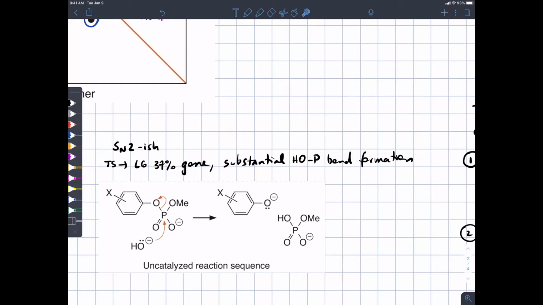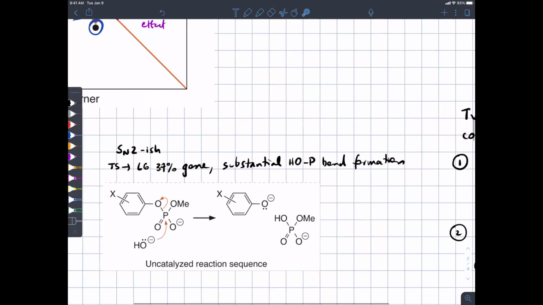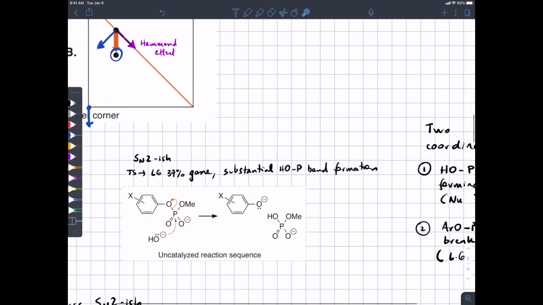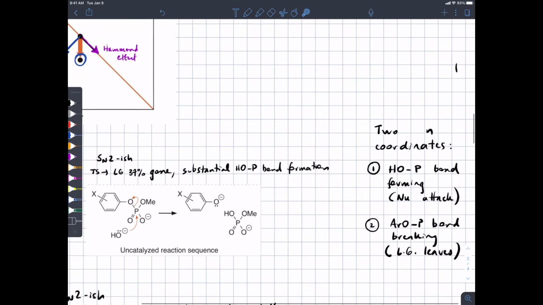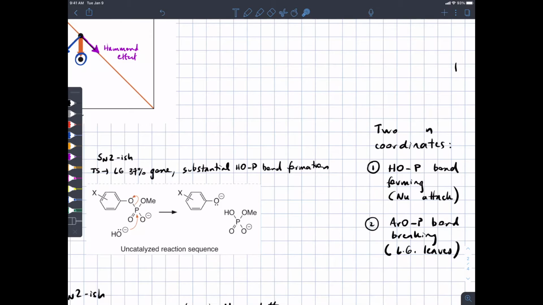You're having water act as a nucleophile, attacking phosphorus, and a leaving group leaves. The reaction mechanism is SN2-ish, meaning we have a nucleophile attacking and a leaving group leaving, but we're going to have two different reaction coordinates.